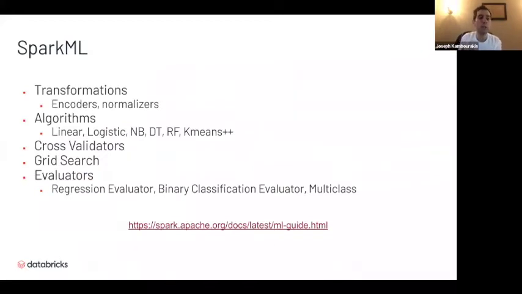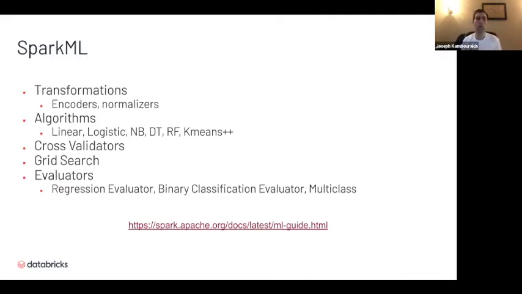So for Spark Machine Learning, the main idea is that you have these different pieces that you can put together to build a machine learning algorithm. So some of them are transformers, ways to encode your data appropriately, to normalize numeric data. Another important piece is the algorithm. So there's a lot of supported algorithms.